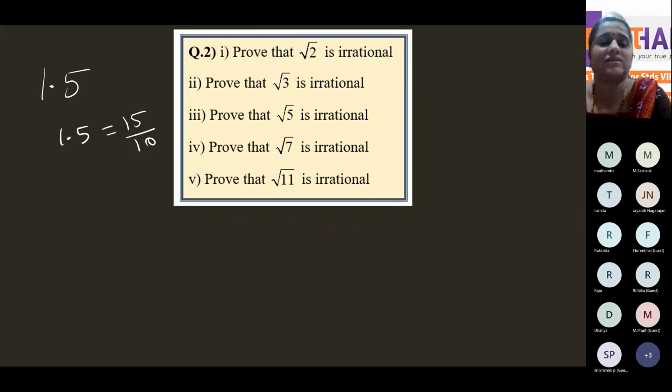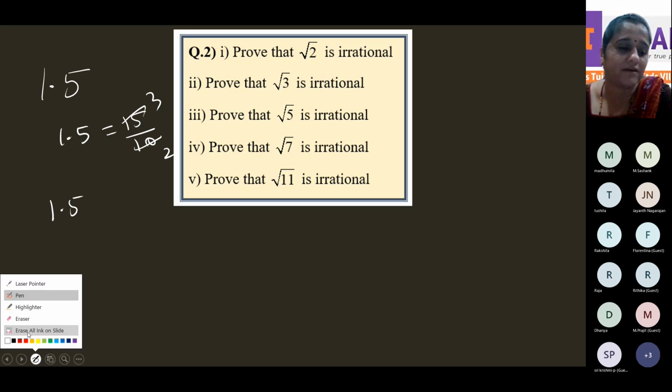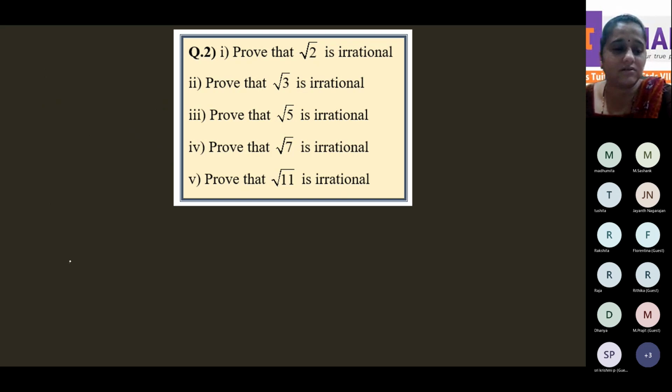Perfect, yes, because you can write it in the p by q form, which simplifies to 3 by 2. So 1.5 is a rational number because it's a terminating decimal, or because it has a p by q form, which is 3 by 2. Both are fine. Is this a rational number? One minute. Let me finish writing.